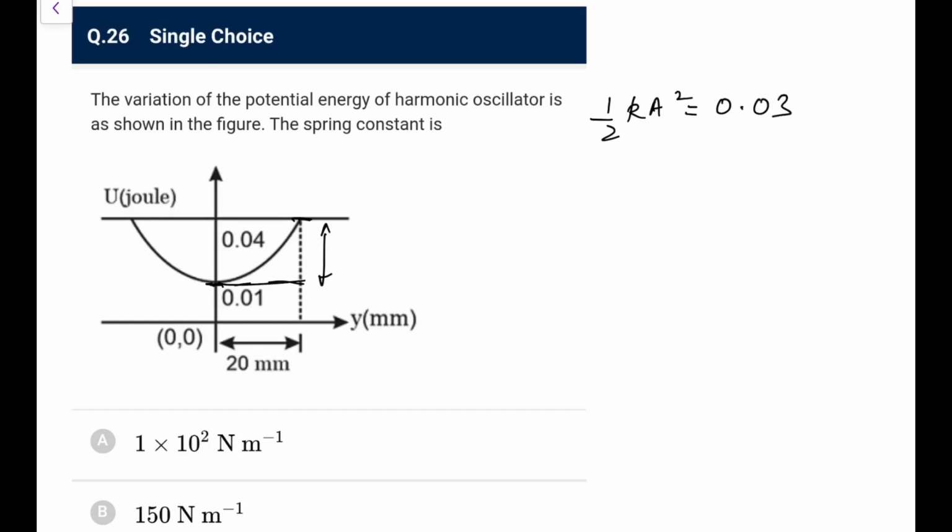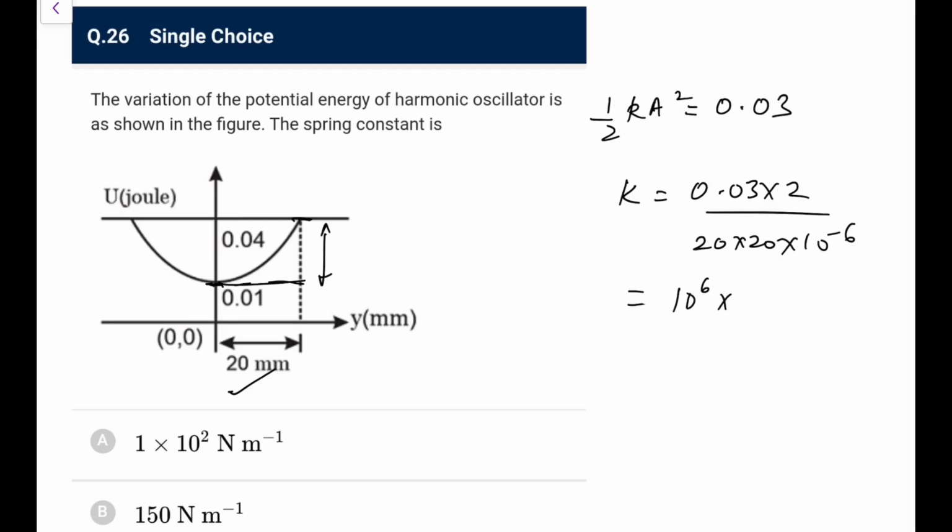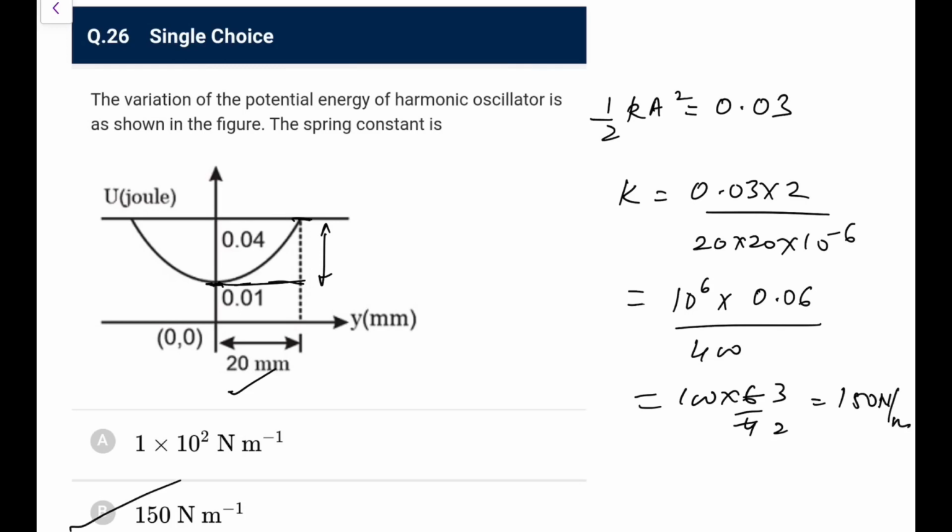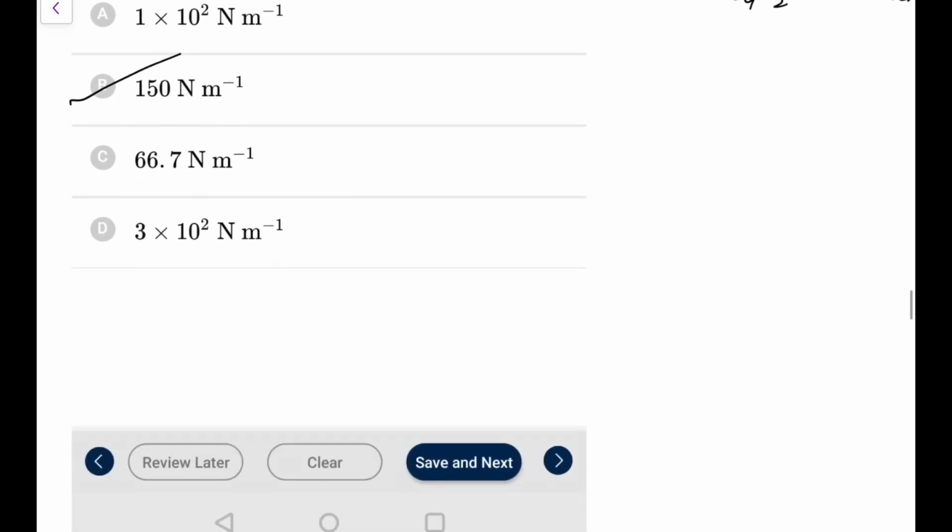So directly you can go for amplitude is 20 mm, so k would be 0.03 into 2 upon 20 into 20 and 10 to the power minus 6. So 10 to the power 6 into 0.06 upon 400. So 2 and 2, 4 will cancel, so it would be 100 into 6 by 4. So this is 3 by 2, 300 by 2, that is 150 Newton per meter. So go for option B in this particular case.